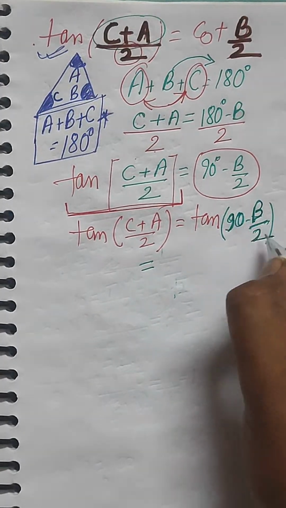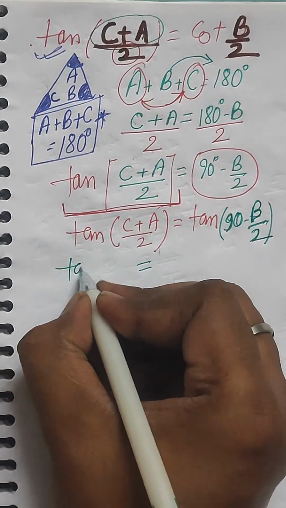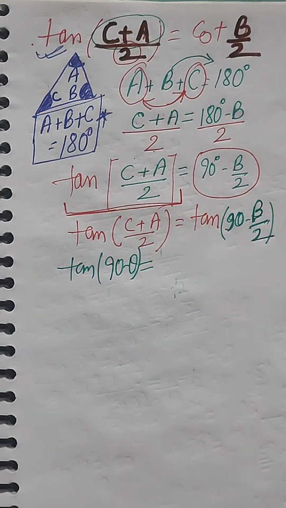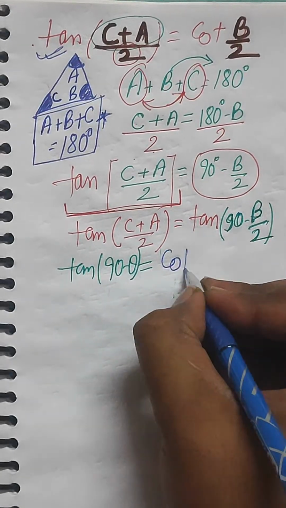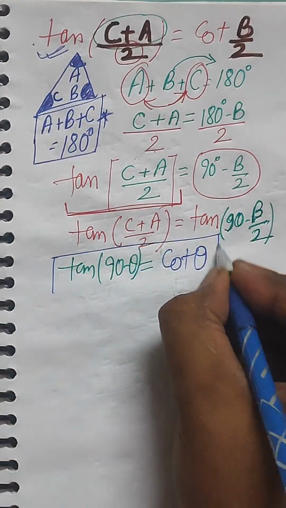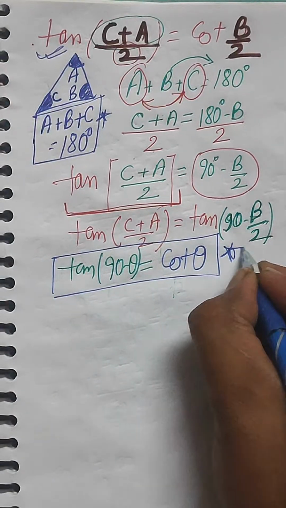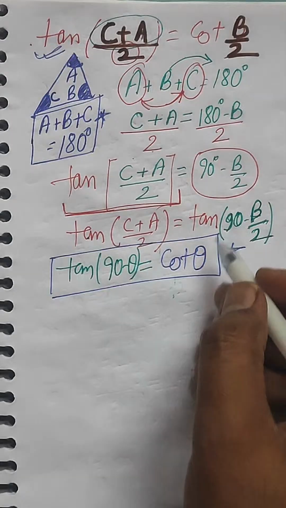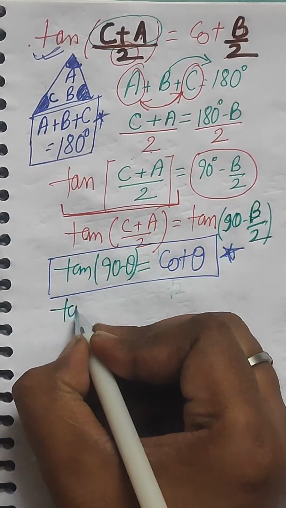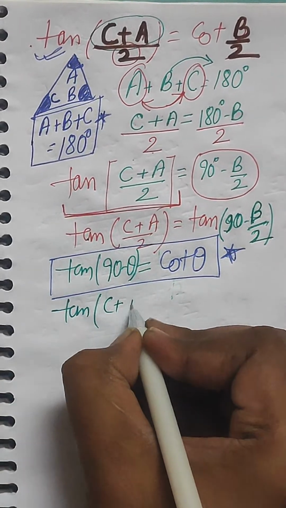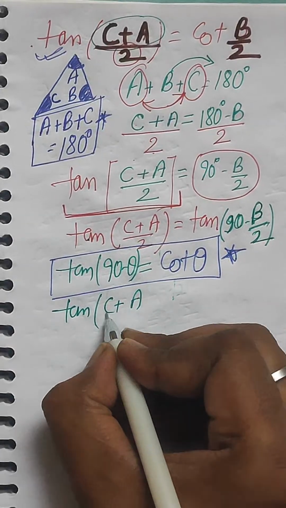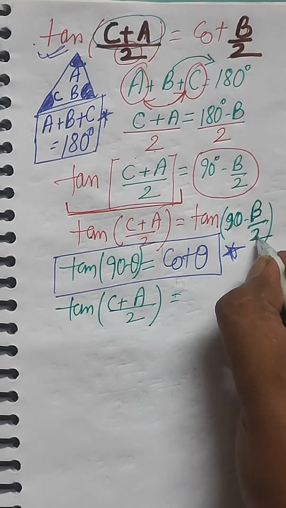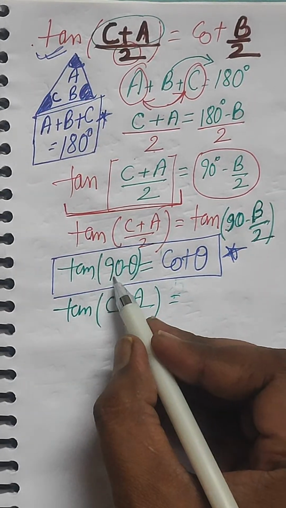We know that tan of (90 minus theta) is equal to cot theta. You remember this identity. We will apply the same over here. Then the above LHS, that is tan of (c plus a) by 2, will be equal to tan of (90 minus b by 2).